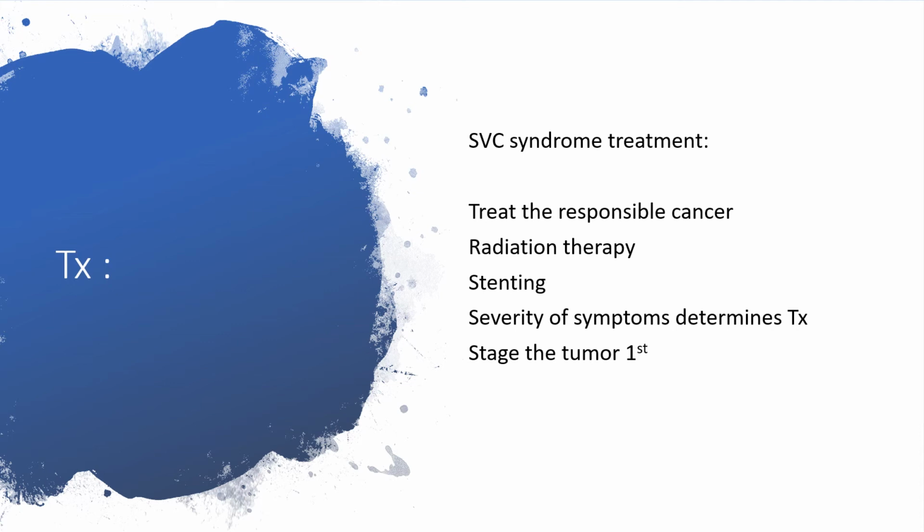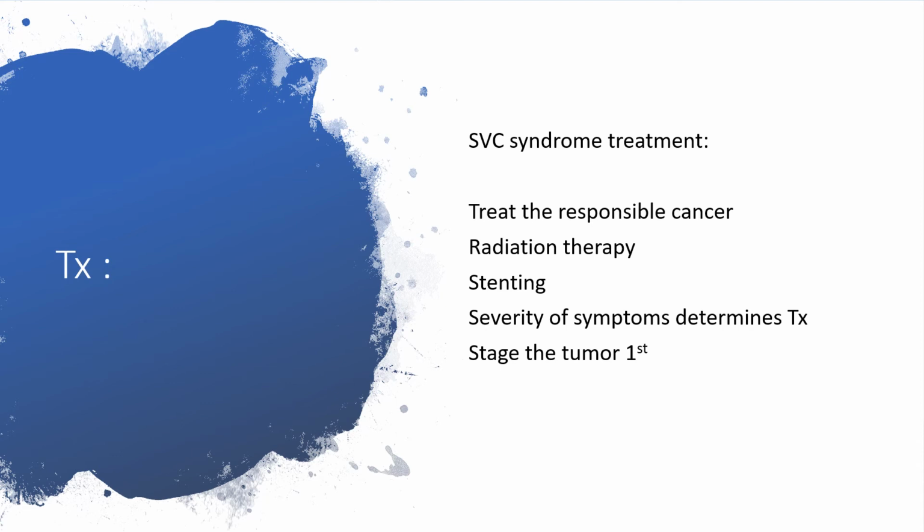Treatment of superior vena cava syndrome should start with the treatment of the responsible cancer, and that could include radiation therapy, stenting to open the obstructed superior vena cava, and of course determine the severity of symptoms, because that will guide the treatment.